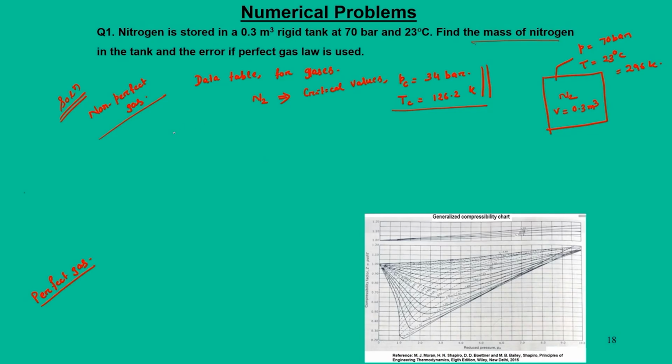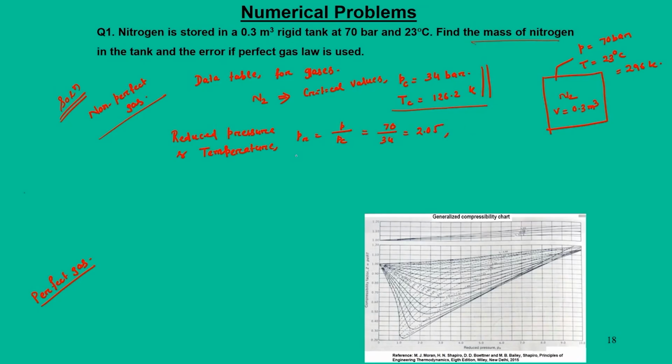Then we can find the reduced pressure and temperature. Pr is equal to P by Pc, which is 70 by 34, and that number is 2.05.